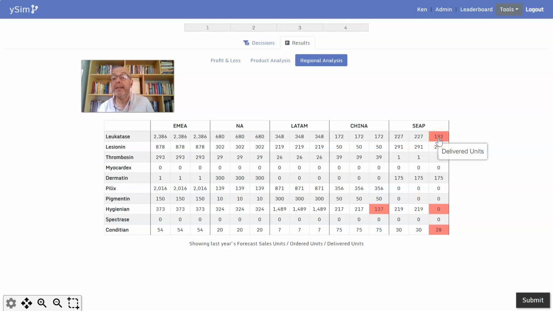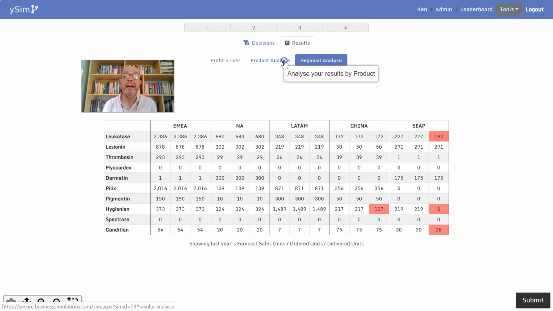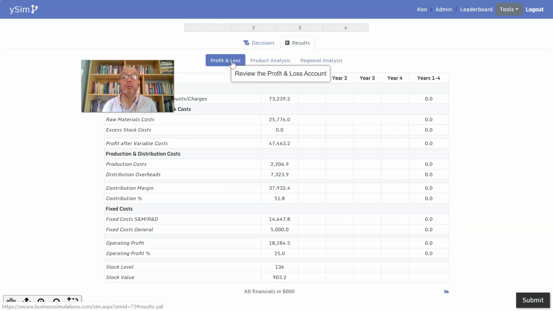So basically, in that case, we've left that region's customers short by about 35 products. There's issues around that. First of all, we don't earn revenue if we don't deliver, and we may have to pay customer penalties. So that's the analysis you're going to be doing between each round.